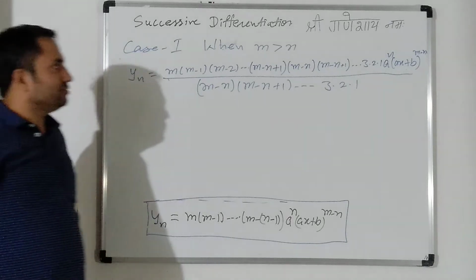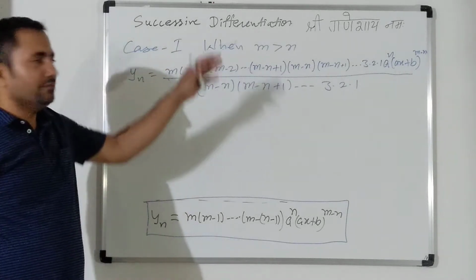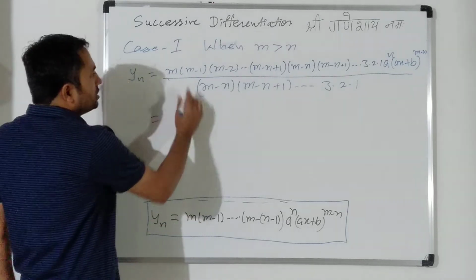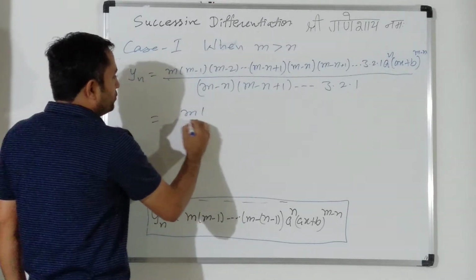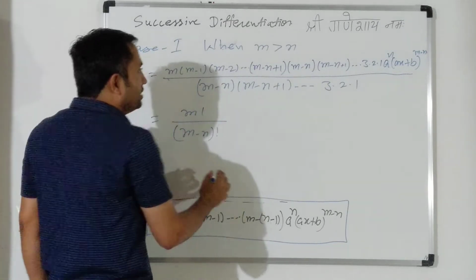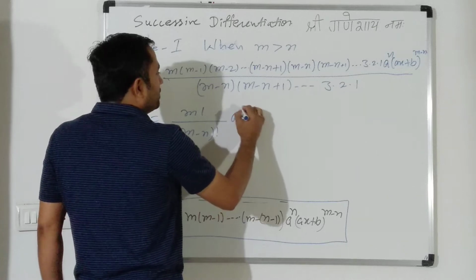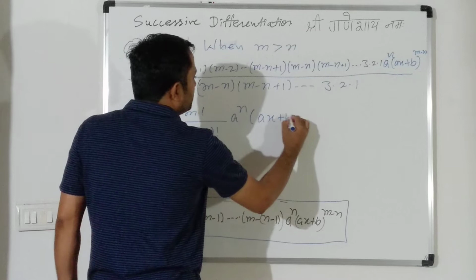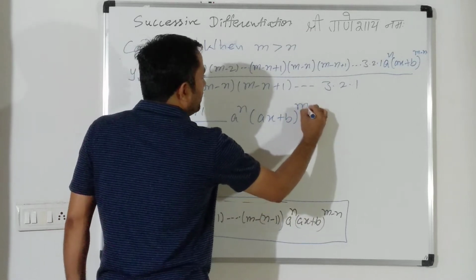Because we have to follow one pattern, so that once we put in different numbers for m, we will get the solution. So this will be m factorial over m minus n factorial, a to the power n, (ax plus b) to the power m minus n.